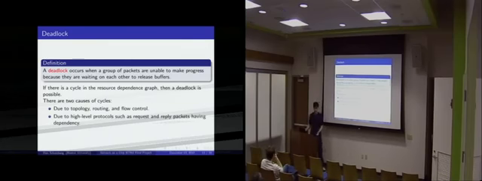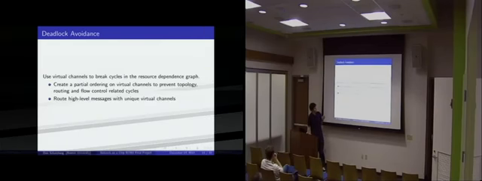So that's unrelated to the network. So typically you'll do some sort of deadlock avoidance. I'll talk about the two causes of the cycles in the resource dependency graph.